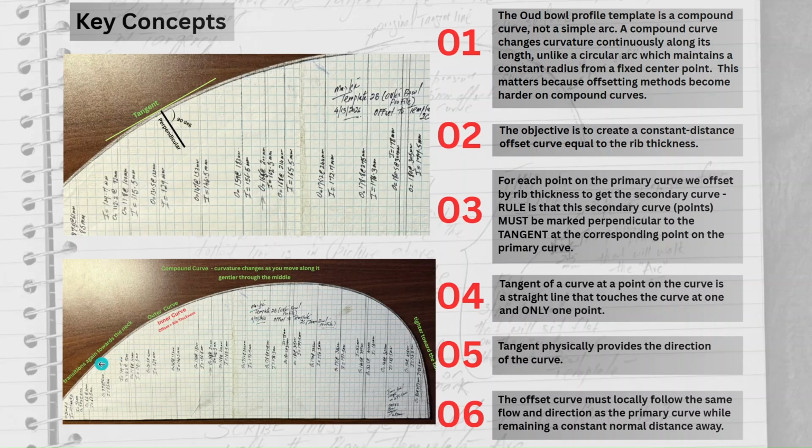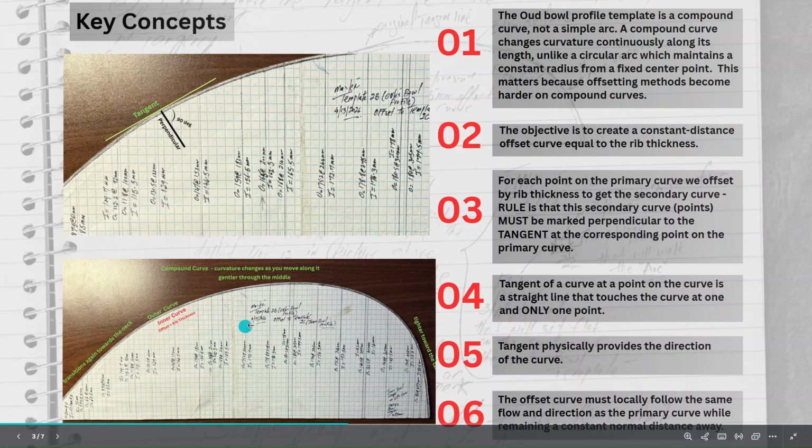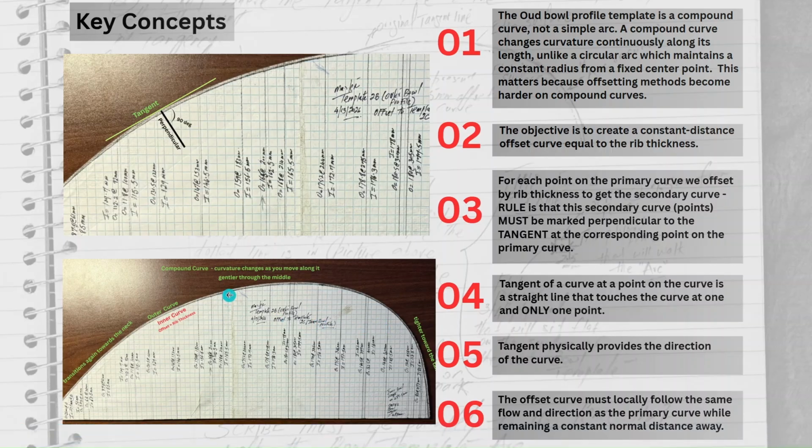But the challenge when you mark it using one of the tools that I'm going to show is that the profile curve is gentler towards the middle. It transitions towards the neck, and towards the tail it goes into a much tighter transition. So that makes it difficult to accurately mark the secondary curve.